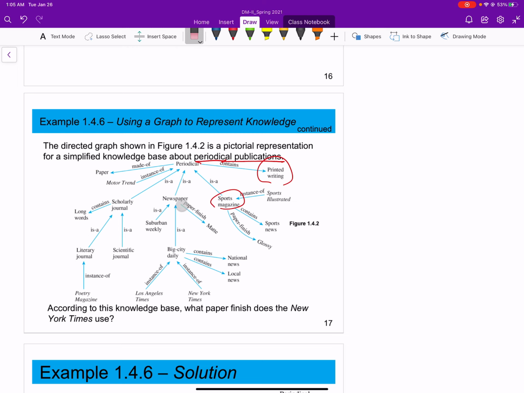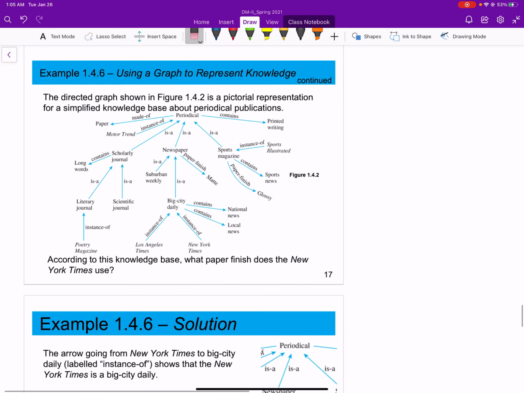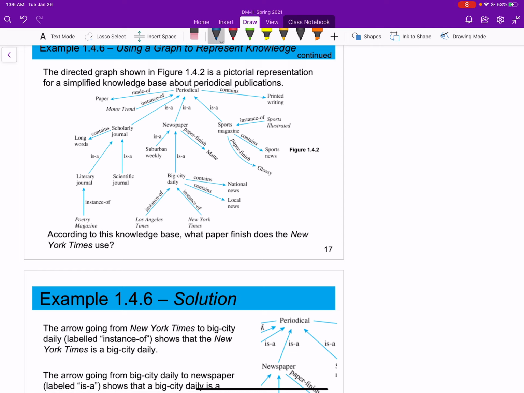Okay, let me take this out. So the question is this: according to this knowledge base, what paper finish does the New York Times use? So now the question is about the New York Times.